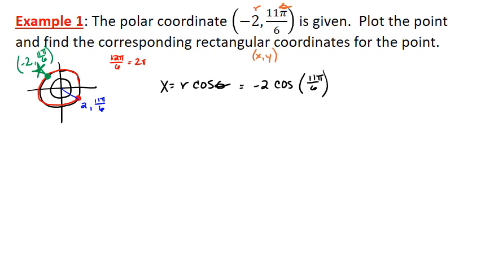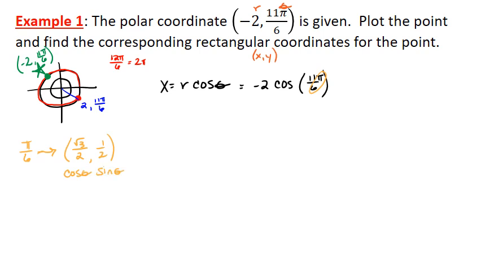Now this is where the unit circle comes into play, so let's dig deep. 11π/6 means that my reference angle is π/6. π/6 has the corresponding ordered pair (√3/2, 1/2). Remember, the first value is cosine, and the second value is sine.